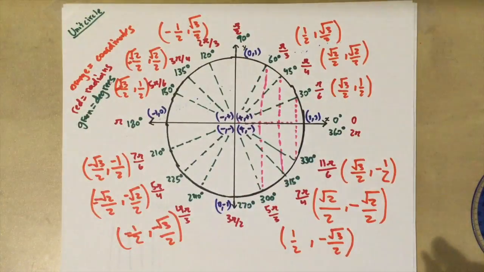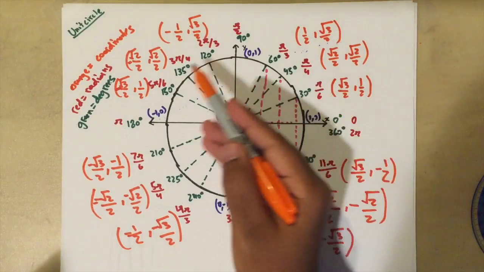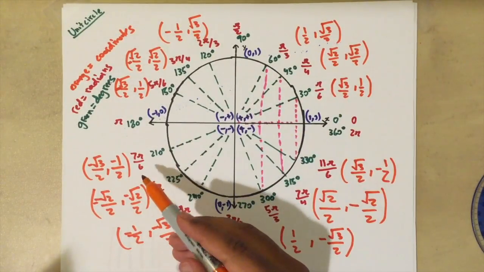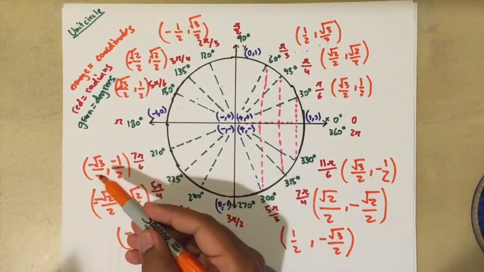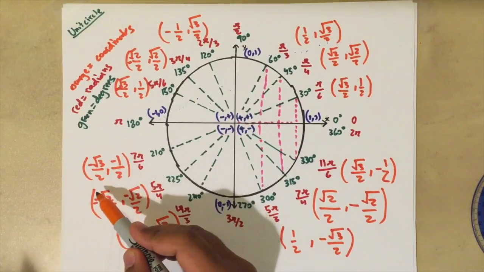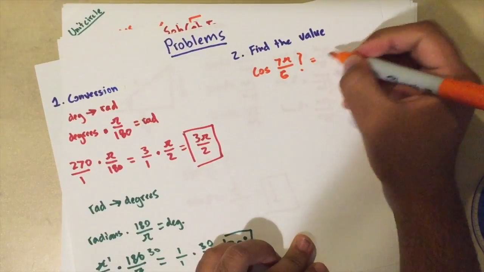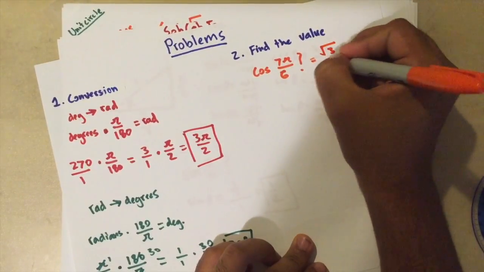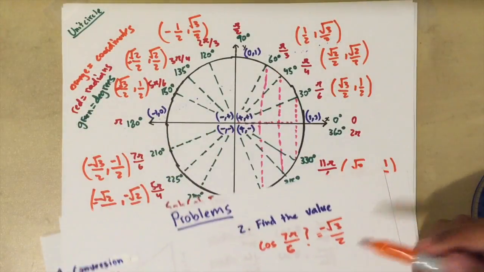So looking at the unit circle, we'll go over to 7 pi over 6. And since we know that the cosine is the x value, that's basically our answer right there, negative rad 3 over 2. So you just copy that over.